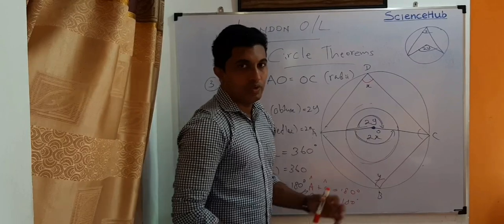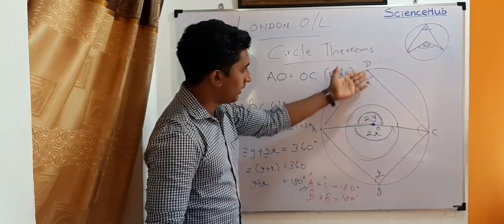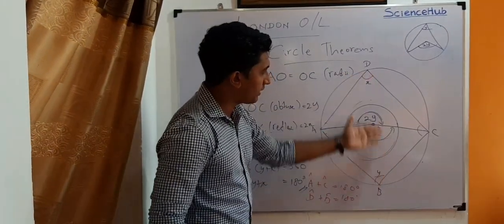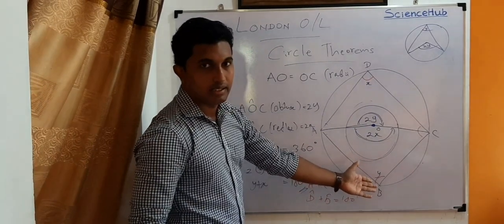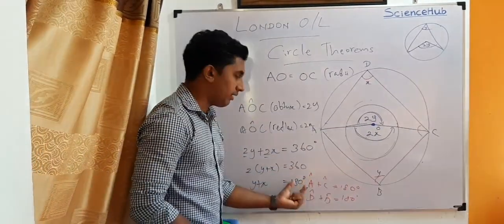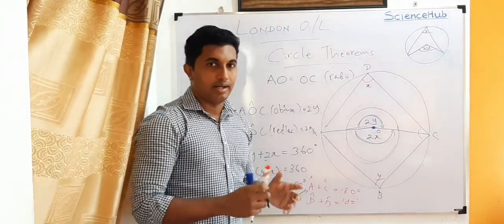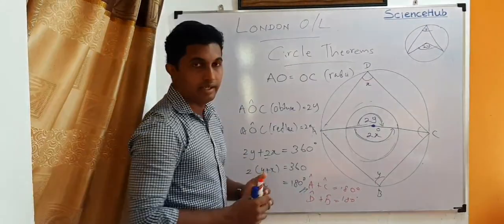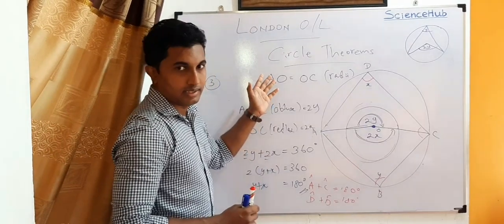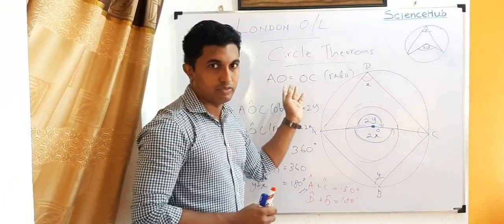Therefore it is proved that the sum of these opposite angles equals 180. Now we can go to the next and last circle theorem, the fourth one.